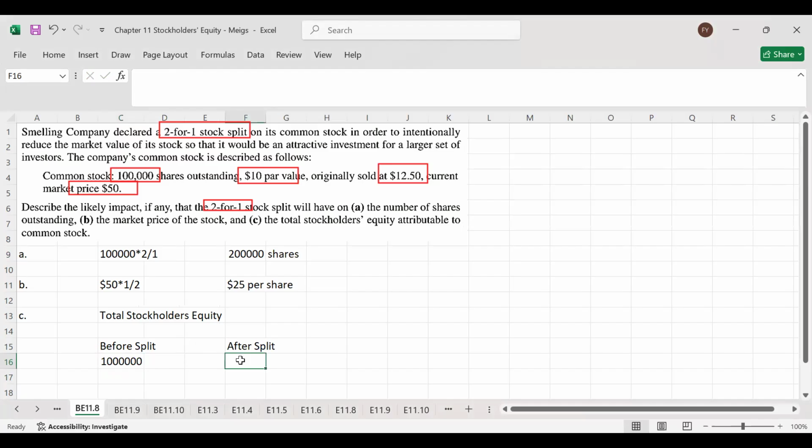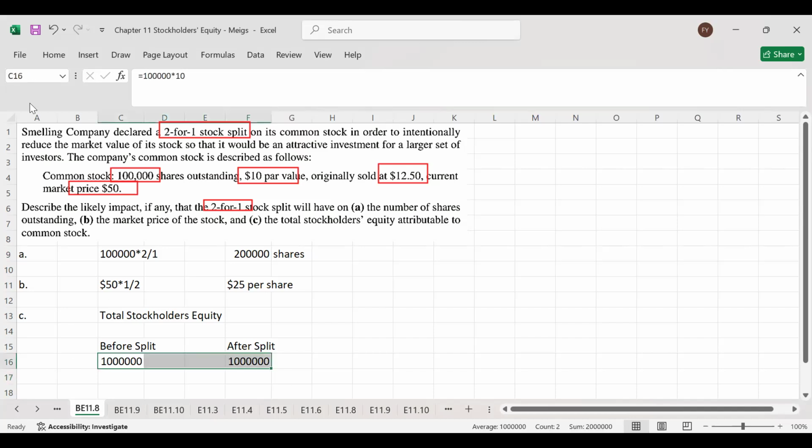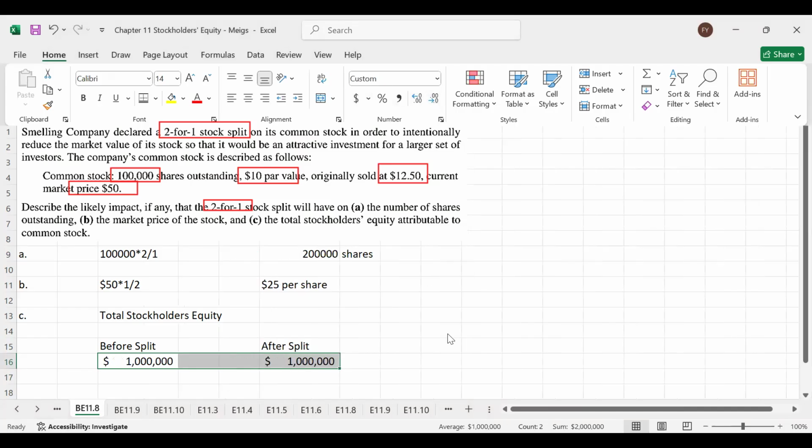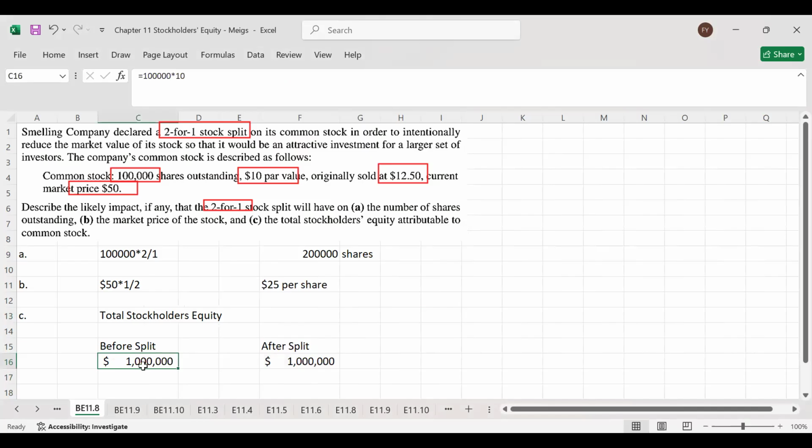Whereas the number of shares was doubled, which is 200,000 after split. Par value will also be divided by 2 because the shares have split, so the par value is simply $5. So you can see before and after split, the total value is the same in this problem.